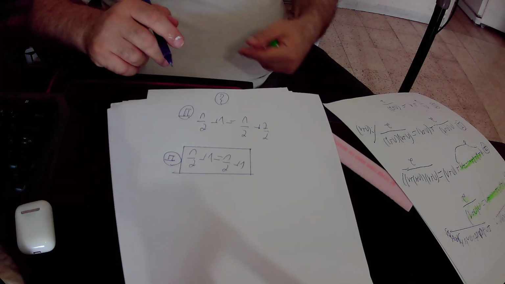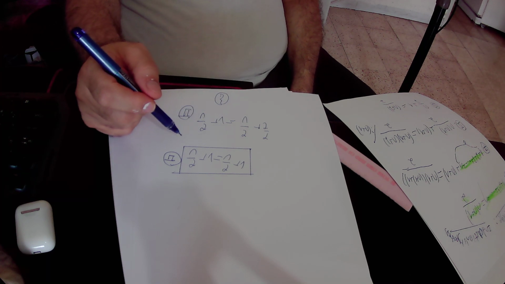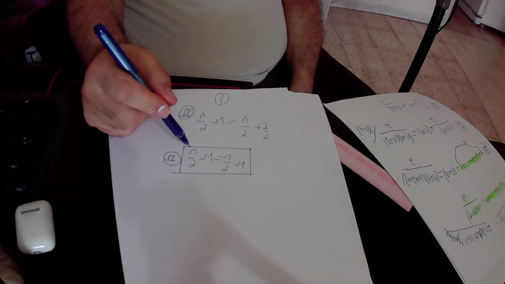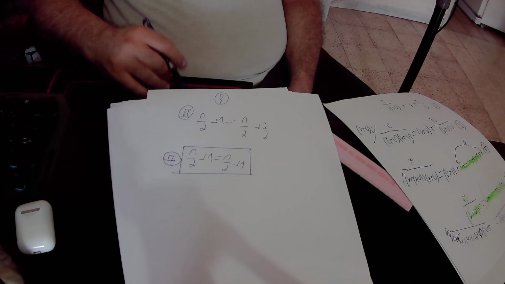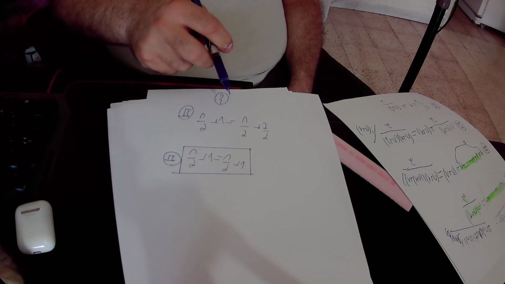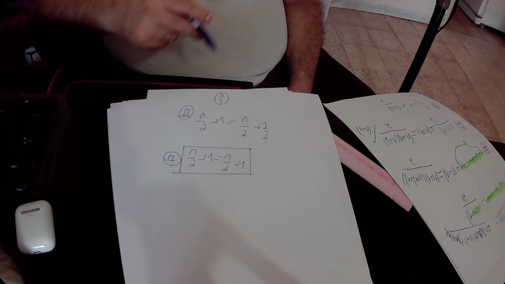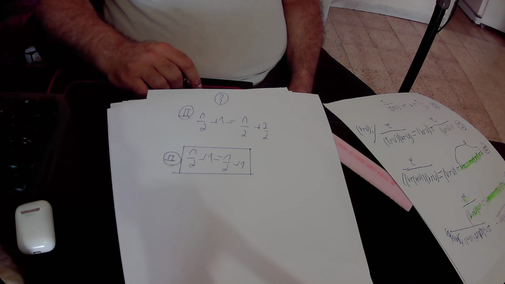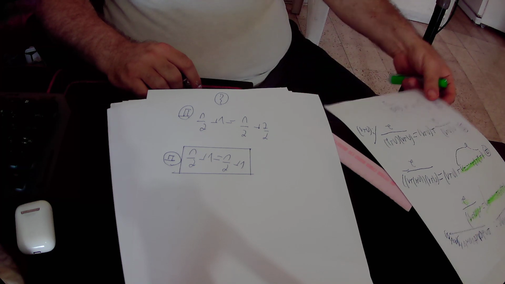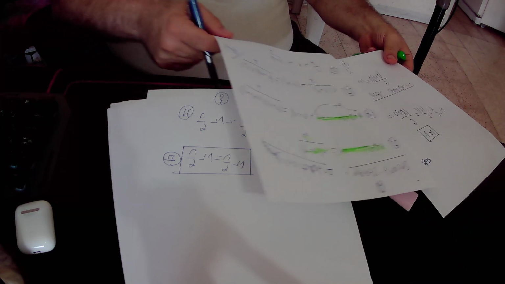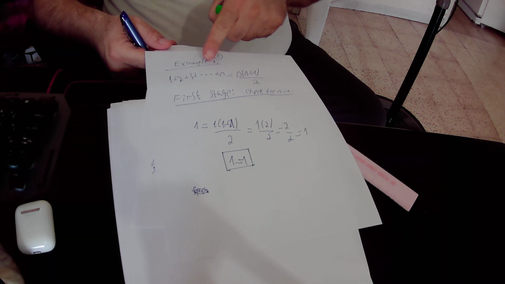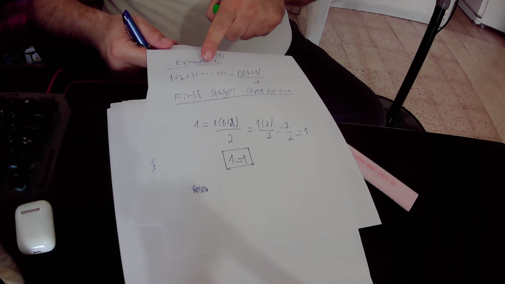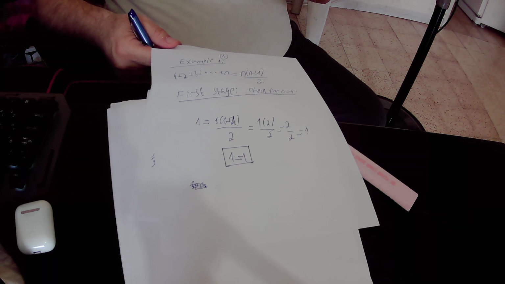So we got an identity. The left side of the equation equals the right side of the equation. N divided by 2 plus 1 equals n divided by 2 plus 1. So actually we proved that if this statement is true for n, it must be true for n plus 1 also.